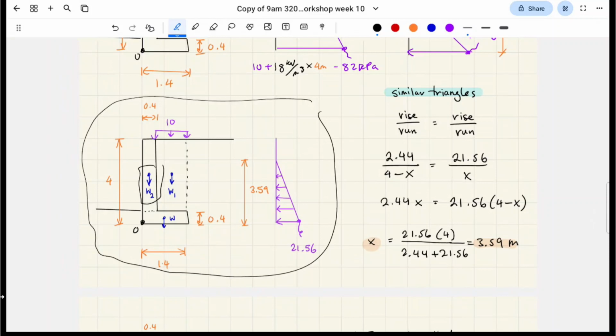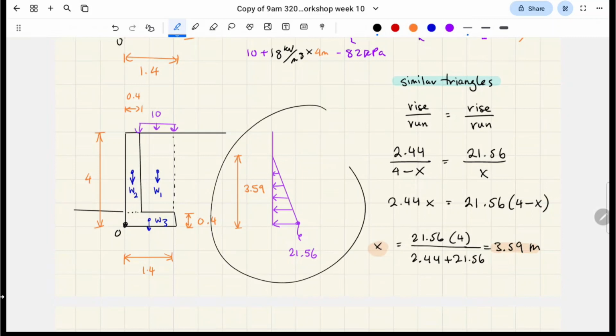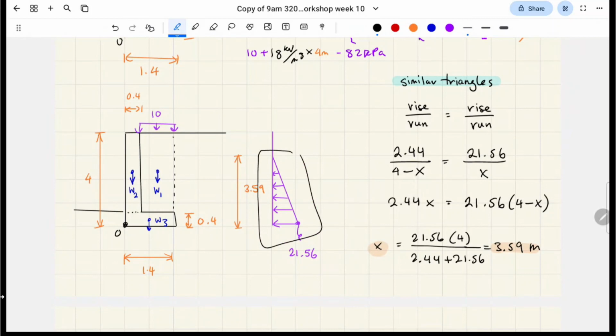So there's two concrete parts. Let's call it W3, sorry. So W2 and W3 will be concrete. W1 will be soil. And I've also drawn the lateral earth pressure to the right of it. And that triangle goes up from the base 3.59 meters.